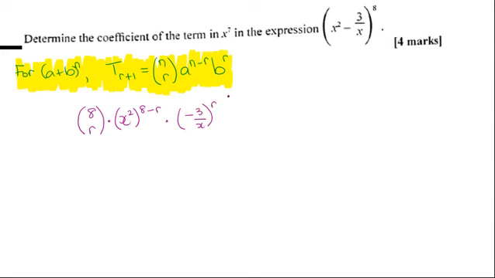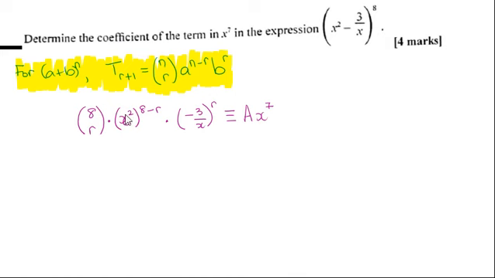Now, what we want is for that term to be equivalent to a constant times x to the 7. We don't know what the constant is. That is what we're trying to find, because that constant would represent the coefficient of the x to the 7th term. But we know we want an x to the 7th term.